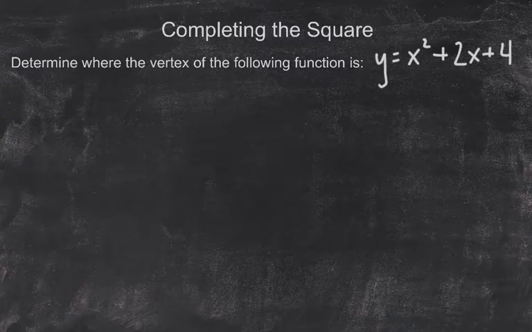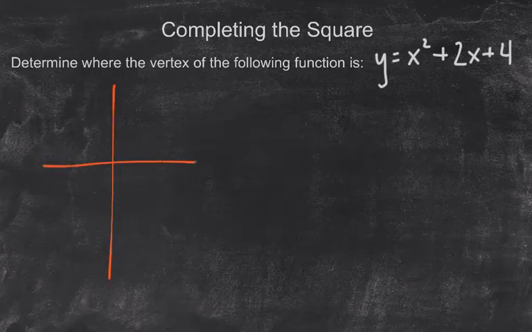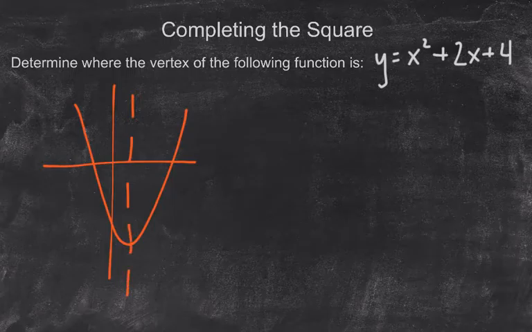So the reason we need to use this method is that we're going to want to find the vertex of a function, and we're not always going to be able to use our old methods. What we know how to do right now is to find the vertex by relying on the fact that parabolas are symmetrical, and the vertex lies on the line of symmetry, and that line of symmetry is exactly halfway between the two x-intercepts.